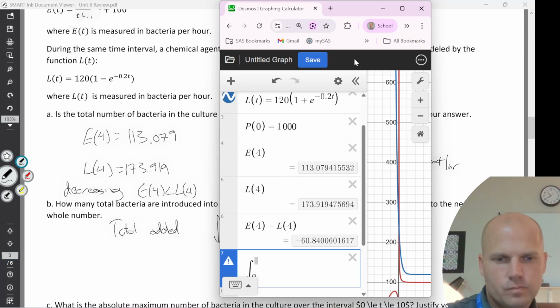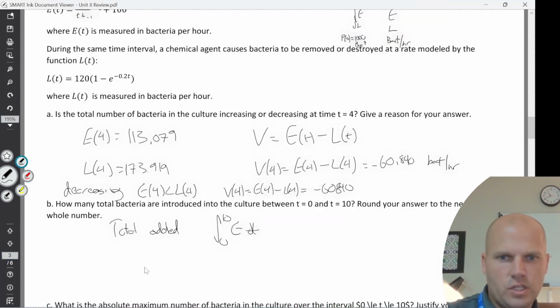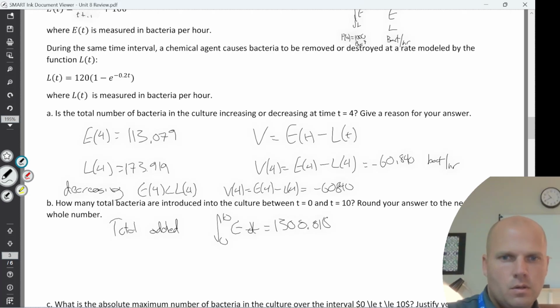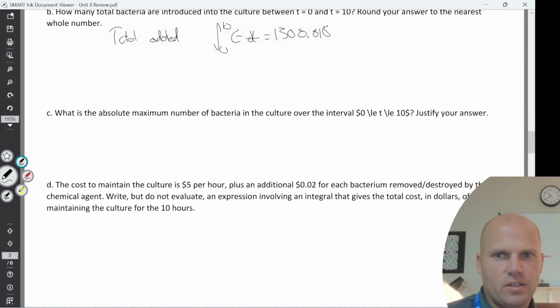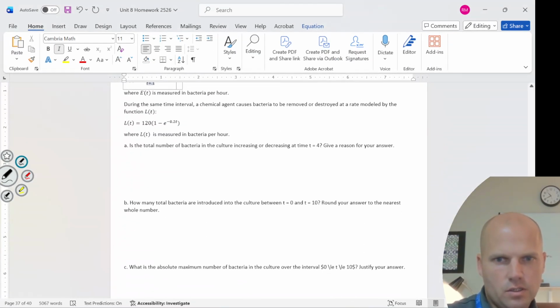Accumulate the rate of change, you get a change in a total, 1308.818. That was the absolute number of bacteria added to the culture over the interval 0 to 10. I gotta make sure that's changed up.